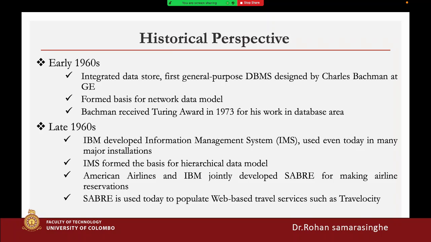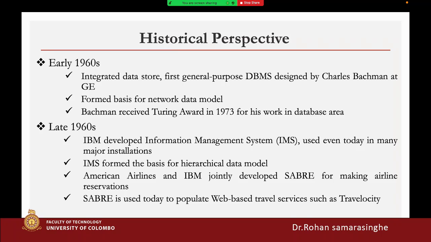And also it must have a real-time database. That means, for an example, when someone in Sri Lanka is going to book a seat on a Singapore airline, that seat cannot be booked in a different country, because if that same seat is booked by a different country, what would happen?